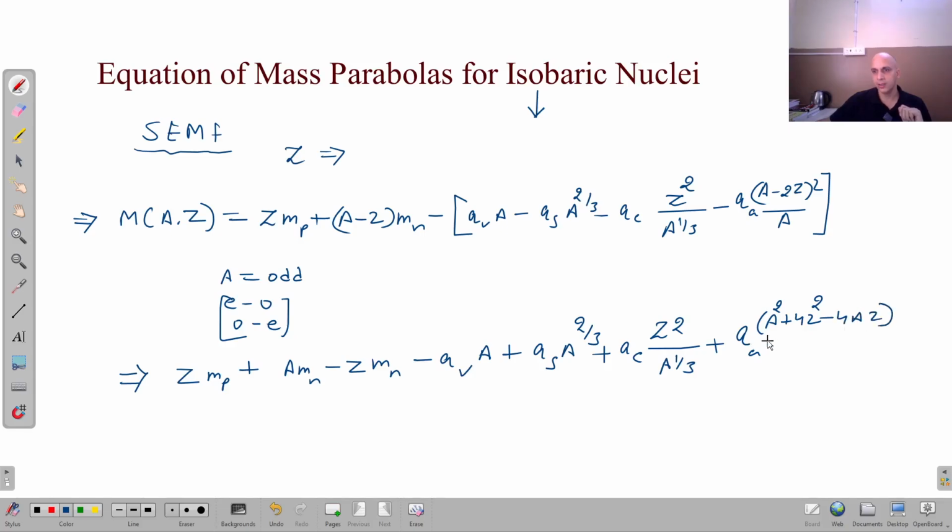I expanded this square divided by A and then the whole term is this.